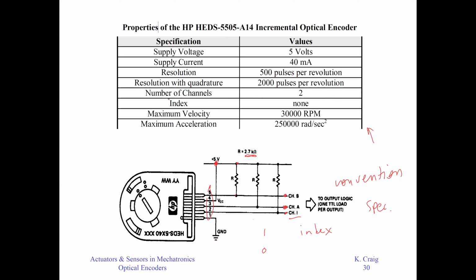The reason we do that is, if needed, we can enhance the current of this logic to maintain its voltage level. The whole thing here has a name. It's called a pull-up circuit.